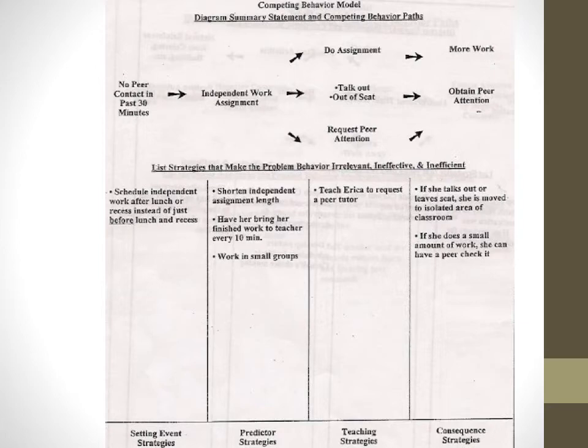She will just reschedule independent work time after lunch or recess instead of just before lunch and recess. So the teacher wants to provide enough peer contact, so she wants to prevent the problem behavior from occurring. So that can be a simple setting event intervention.